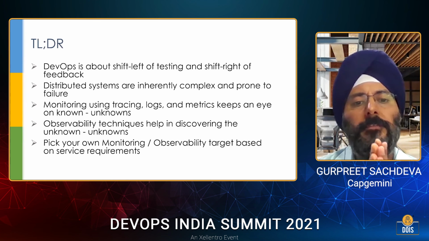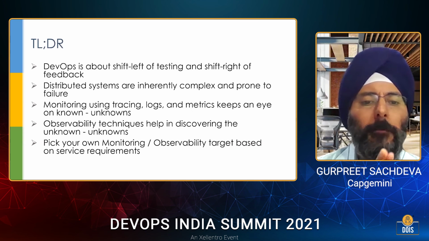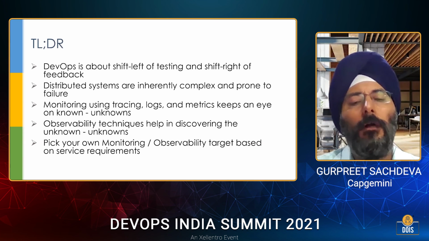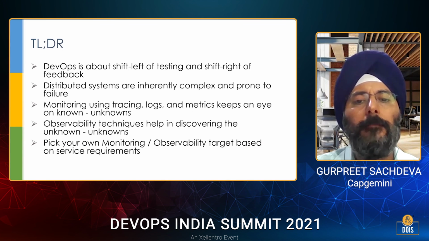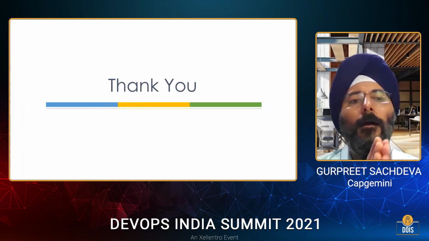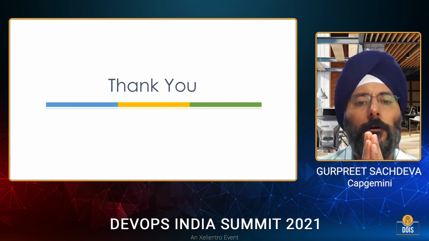You should look at your system and service requirements before deciding the monitoring and observability targets. A decoupled observability pipeline can go a long way in providing an effective and scalable mechanism to keep an eye on unexpected events.